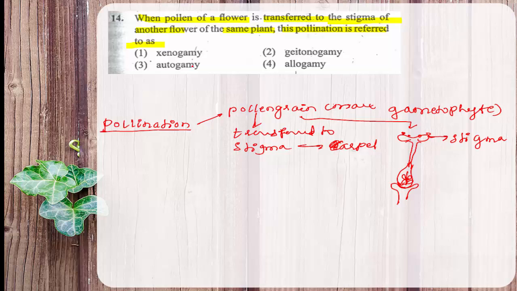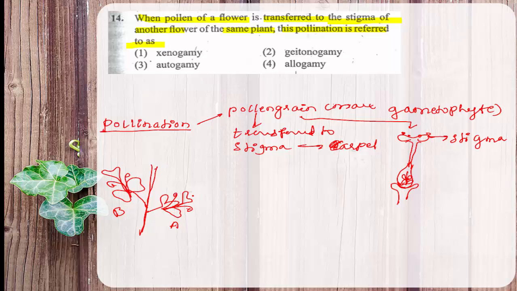Here the condition is given. What is happening in the given question, or what is the condition in the given question? This is one plant. Here is one flower with anther and with stigma. Let us mark this flower as A, and this is another flower of the same plant, and let us mark this flower as B. What is the given condition?